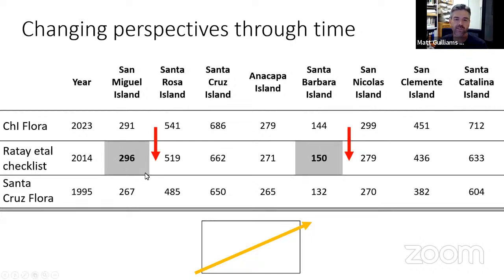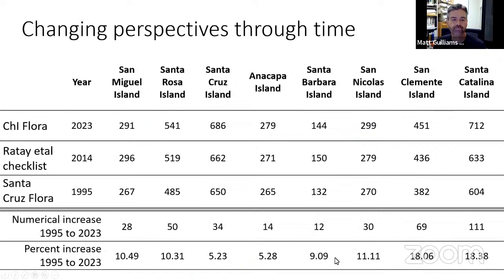There's two places where the way that we were tabulating differed from what Ratay et al. were doing, and also some differences in how taxa were interpreted. Totally normal. But in all cases, we've got this increasing trajectory. And it's fun to think about the numerical increase and especially the percent increase.